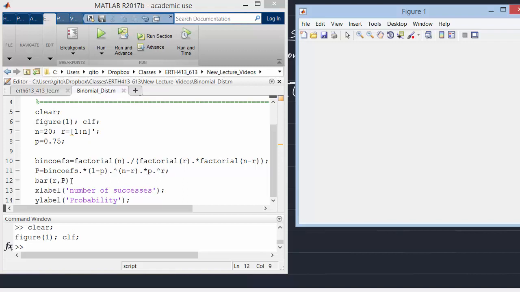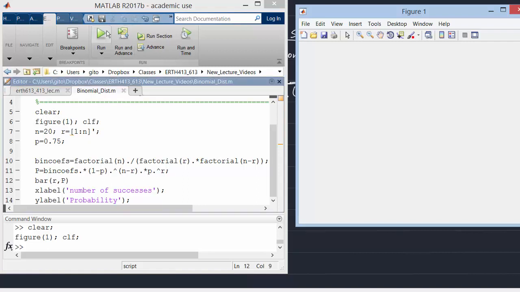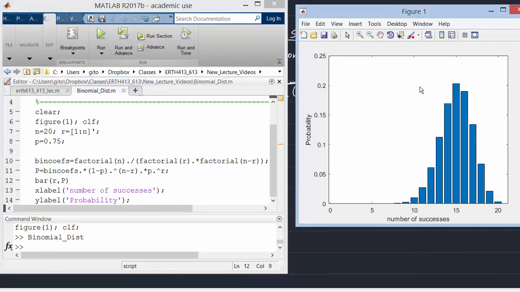And then I'm going to plot a bar plot with the probability on the vertical axis, r on the horizontal axis. And we get something like this. So the highest probability occurs at 15 successes, which is about 75% of 20 trials.